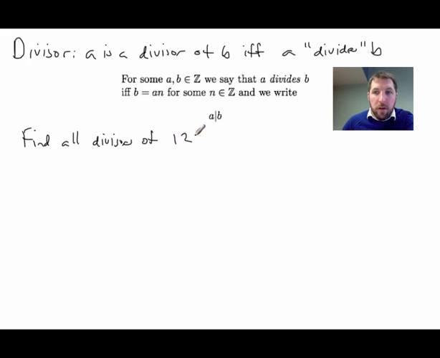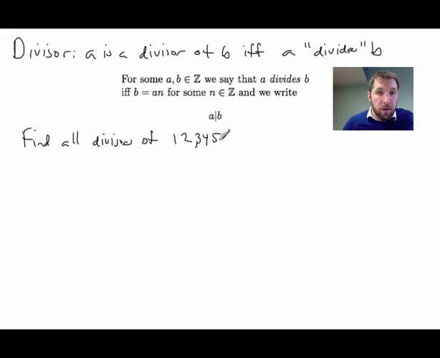How about 12,345, which I came up with because it's 1, 2, 3, 4, 5. Anyway, if we want to find all the divisors of that, we need to just make a list. Well, we might try to approach this systematically, and that's definitely a good thing to do. Especially as we go later, we'll be extremely systematic about it. But for now, let's just see if we can find some.